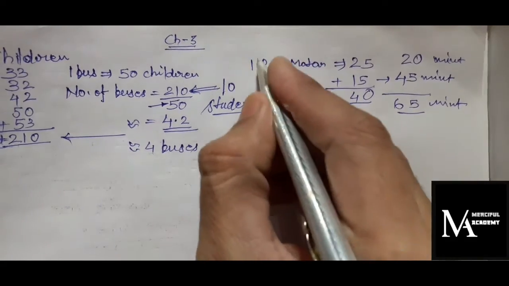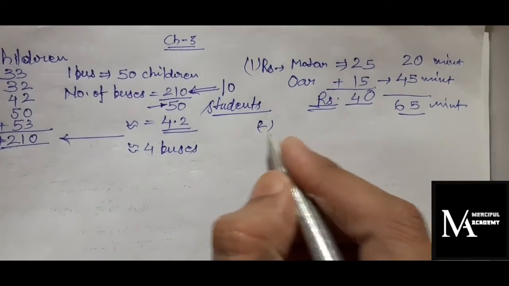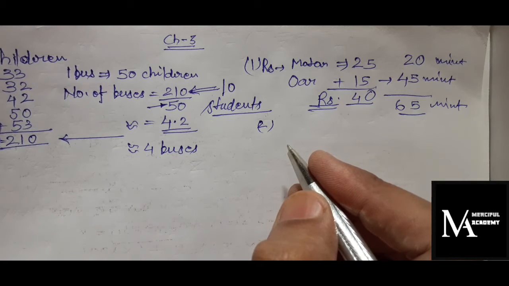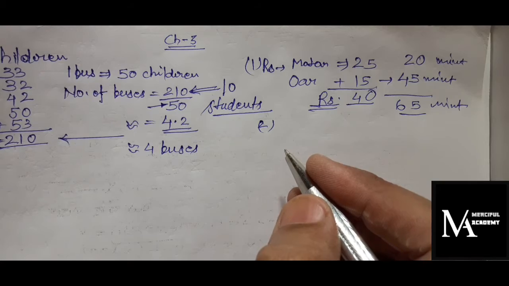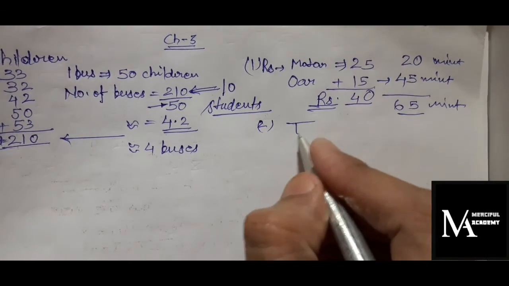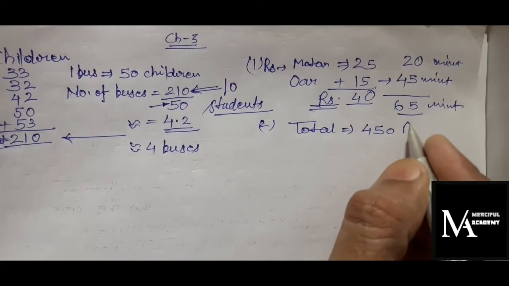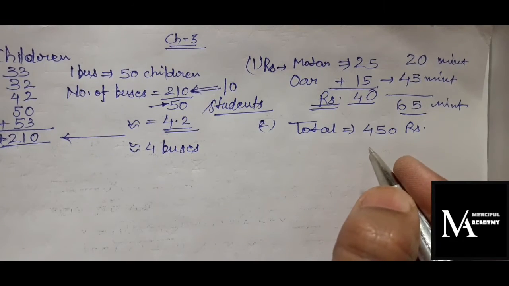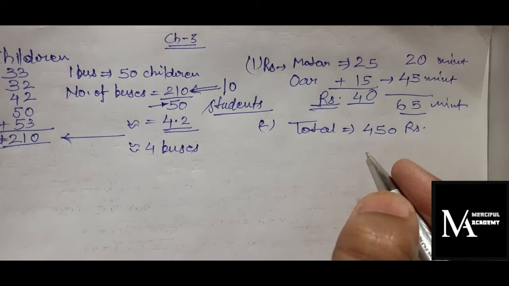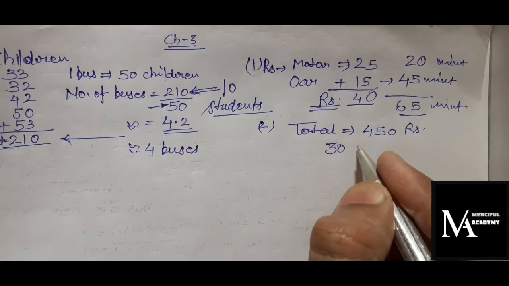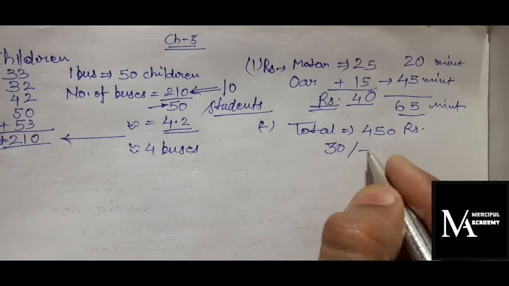Now we will move to the next part. One group of children went for the double-decker trip. They paid 450 in total. How many children went for the double-decker trip? The total money they paid for the double-decker trip is 450 rupees, and the cost for the double decker is 30 rupees per student.